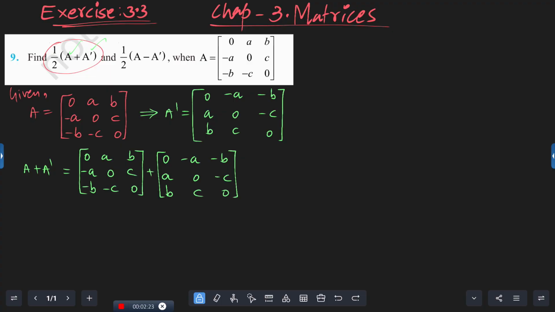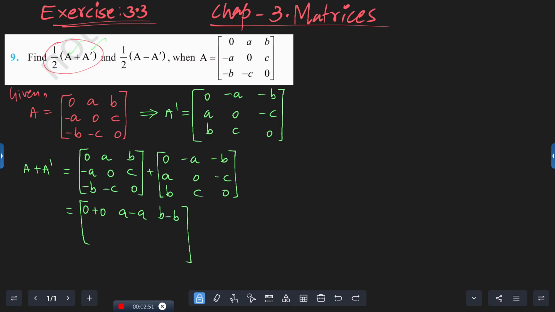Children, corresponding elements we have to add, means first element to first element, second element to second element, like that third element to third element. All those things we have to add. Shall we add? Right, let's go, listen. So first 0 plus 0, next second element a, here second element minus a, third element b and minus b, so that b and minus b.